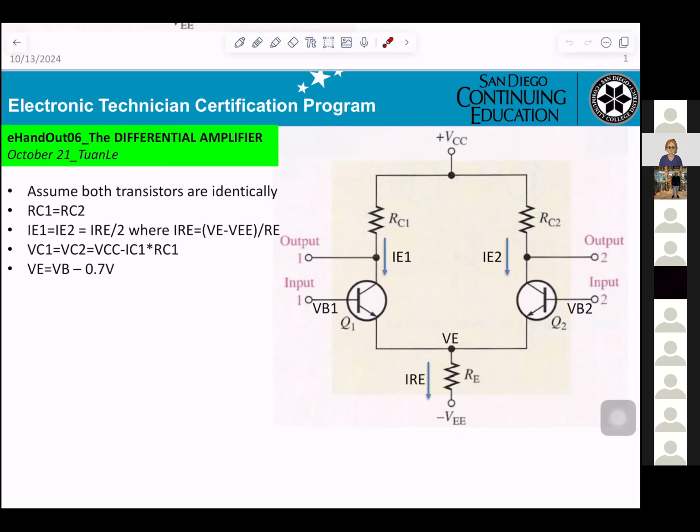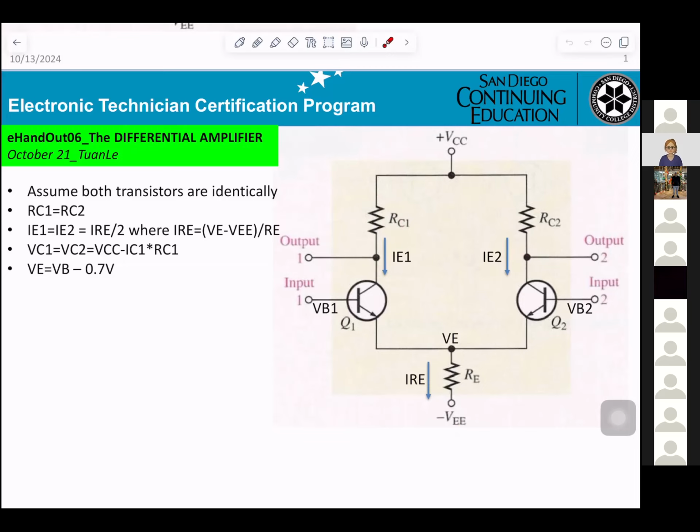And VC1, that means the voltage at RC1, same thing for RC2, will be equal to VCC minus IC1 times RC1.